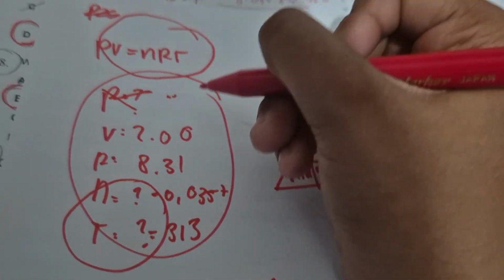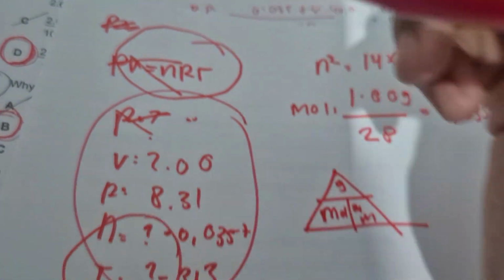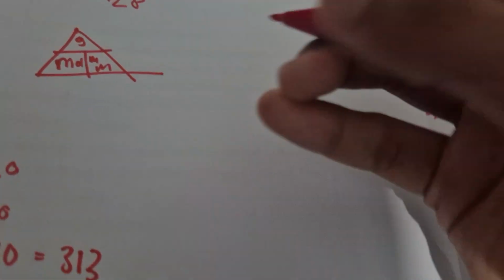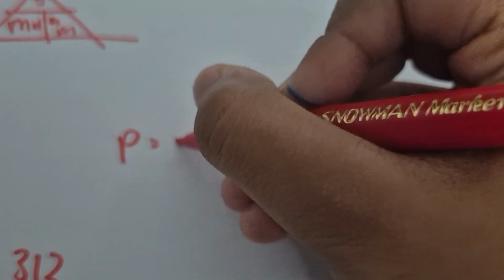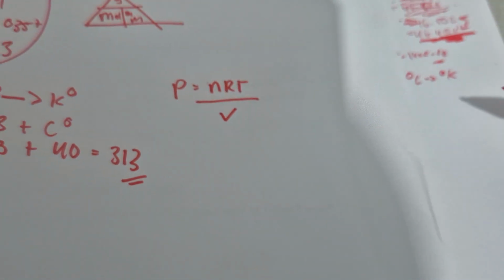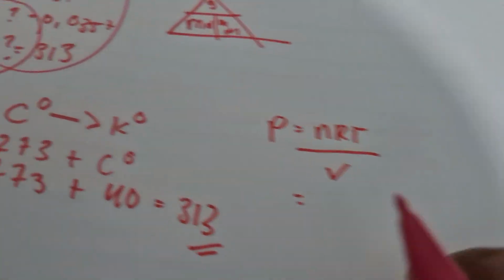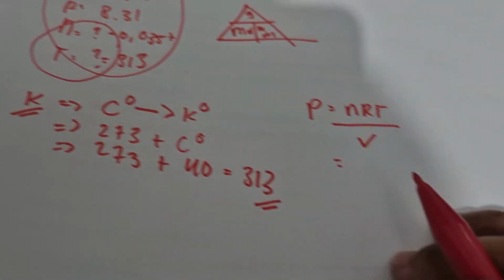And then we're gonna enter it, and we don't use this PV and RT, but we're gonna use P equals nRT divided by V. We're gonna use this. So let's enter the calculation that we did before.